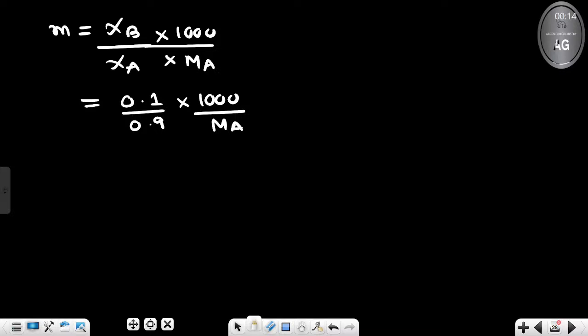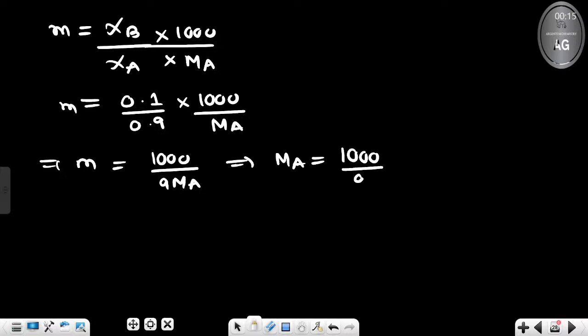Let us keep molality as m. So I can write this as 1000 divided by 9 Ma. From here Ma equals 1000 divided by 9m. This is one equation that I have got for Ma.